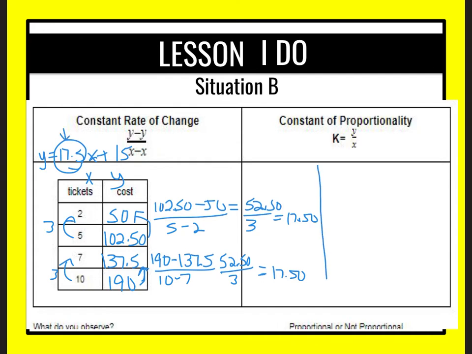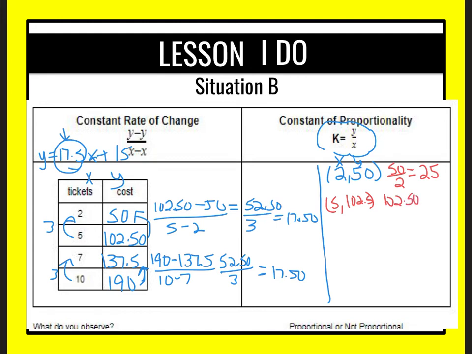But now we need to see, is this relationship actually proportional? To check whether my relationship is proportional, I need to take each of my ordered pairs and divide them. So let's take my y, 50, over my x coordinate, 2, and 50 divided by 2 is 25. Let me look at my next set of ordered pairs. 5 tickets this time cost $102.50.